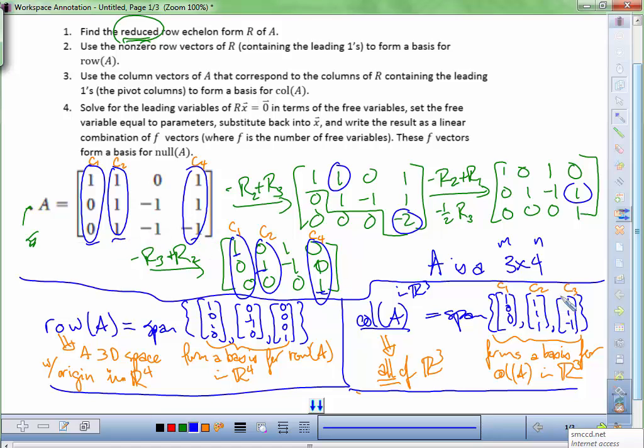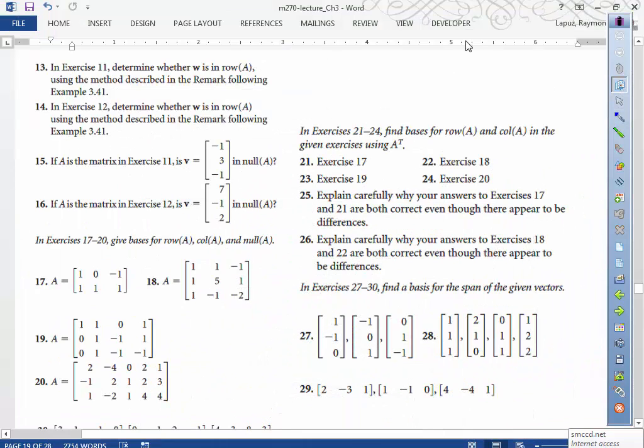Okay. And then my second question is, how do you go about entering this into the web assembly? When it wants a basis, it's like 4 blocks, and there's no way to enter a vector. It does want column vectors for the column space and row vectors for the row space.